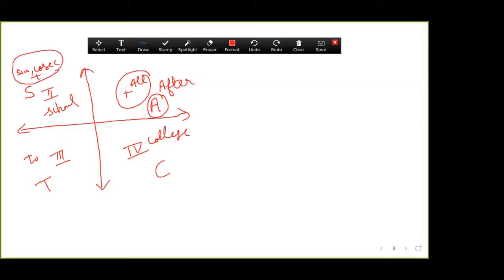In the third quadrant, T for tangent and its reciprocal, cot, are positive. And in the fourth quadrant, C for cos and its reciprocal, secant, are positive. It means after school to college you can learn.